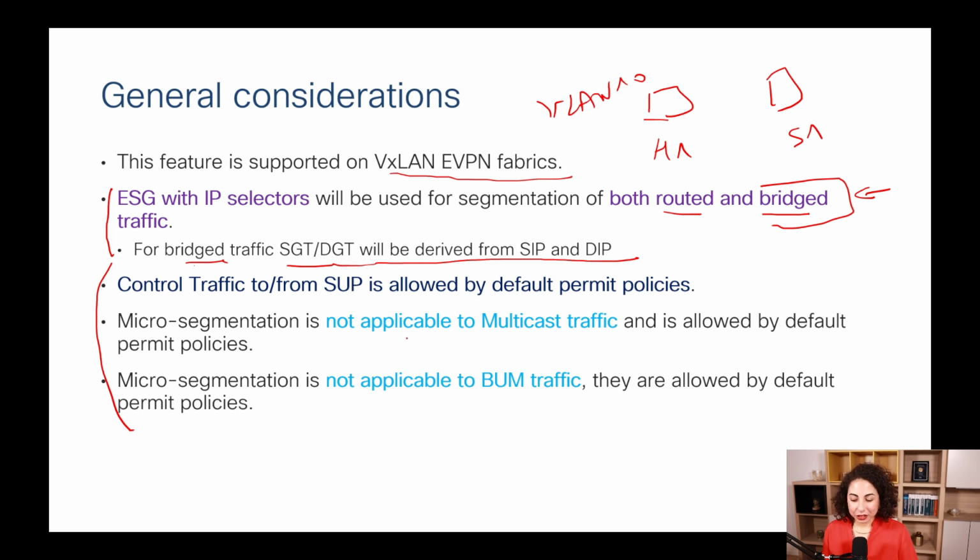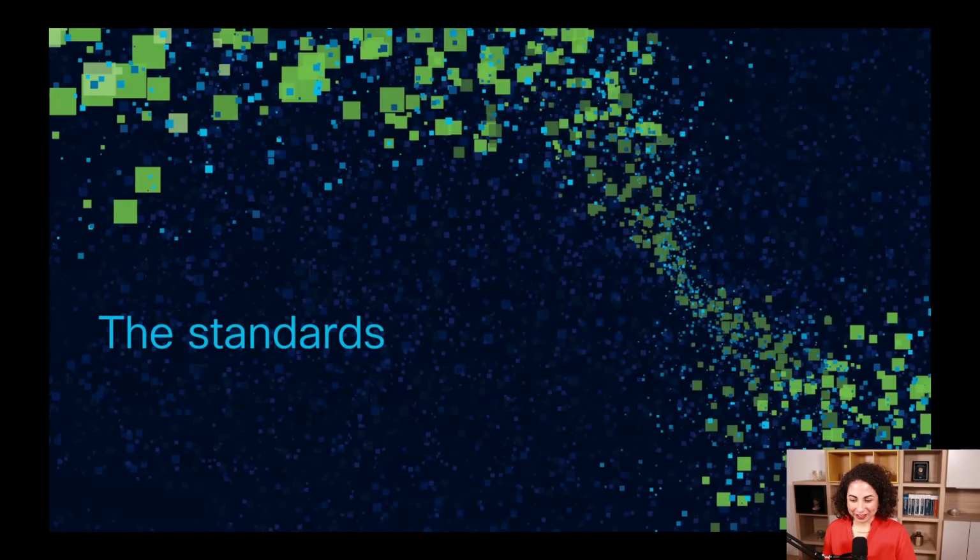And micro-segmentation is not applicable to multicast and is not applicable to BUM traffic. In other terms, everything that we are configuring with ESGs and the policies is to match unicast traffic, unicast switched traffic or unicast routed traffic, whatever, but still unicast traffic, not BUM and not multicast. So that's it. We are finally ready to go to the theory and the RFC parts. So let's check it out.